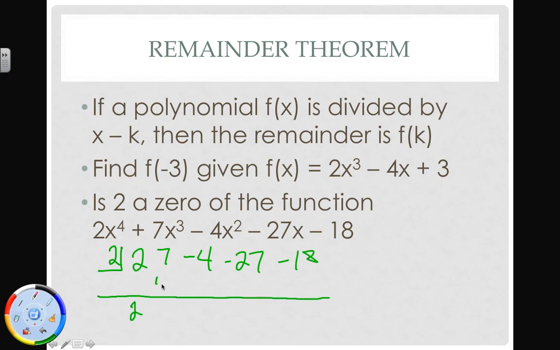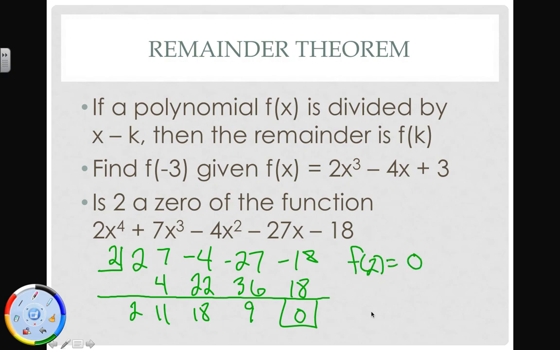Drop the 2, that's a 4. Add, multiply, that's a 9, makes that an 18. Look at there, that makes it a 0. That means f of 2 is a 0, so the answer is yes. And that actually ends up being an x-intercept, right? 2 is an x-intercept of this particular function.